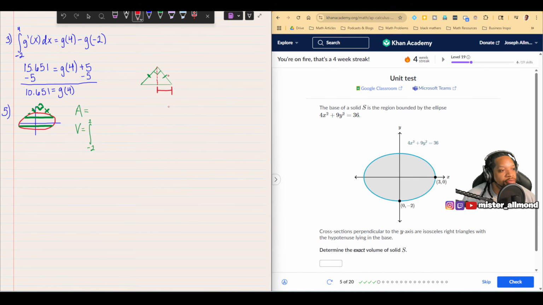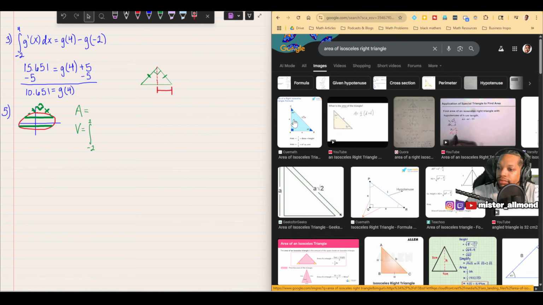Let's just look at images. Oh yeah, the base and the height are the same. Well, it's not that the base and the height are the same, but these two sides are the same, and they could act as the base and the height. But we just need to find one of those though.